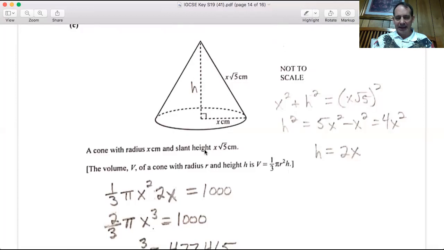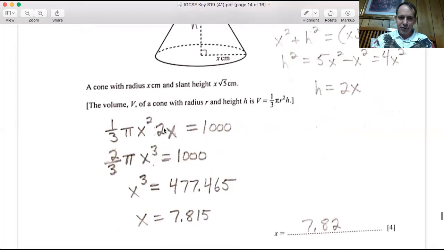And then we have this cone here, and the cone is 1/3 pi r squared h, but we need to find the h in terms of x. So this is a right triangle. We have two sides of the right triangle, so we can use the Pythagorean theorem. x squared plus h squared equals x root 5 squared, and solve for your h, and h equals 2x. So now that we have the 2x, everything is in terms of x.